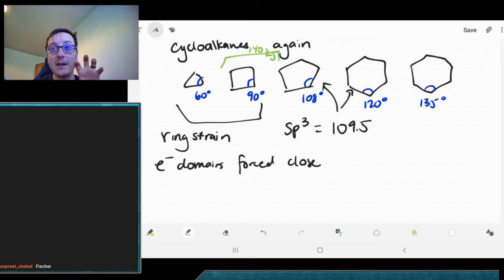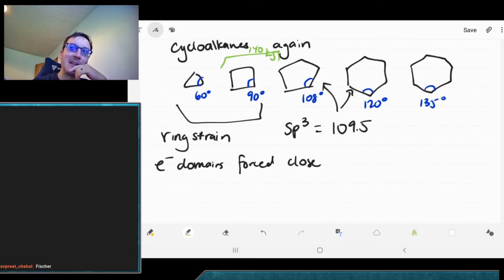But when you have a ring, things are forced to be stuck there, and you can't just break that open. We're going to see that things can flip-flop, but they cannot break. You don't break single bonds very easily. So we're going to see that there's a much bigger energy difference between a 3-member ring and a 5-member ring.